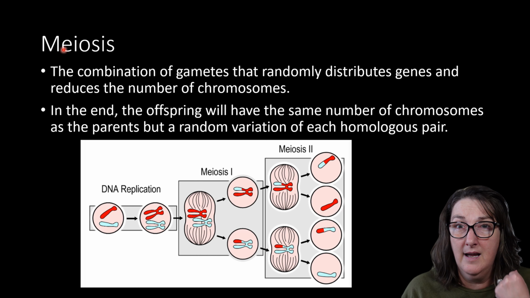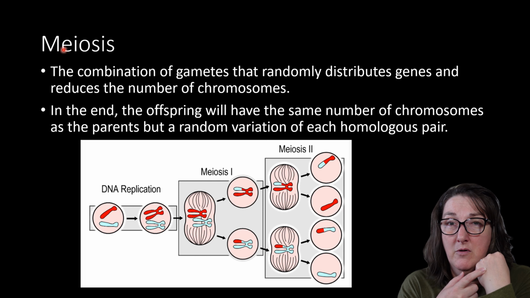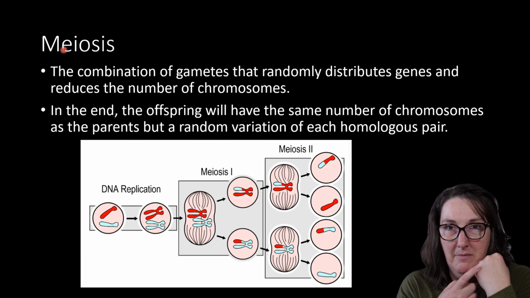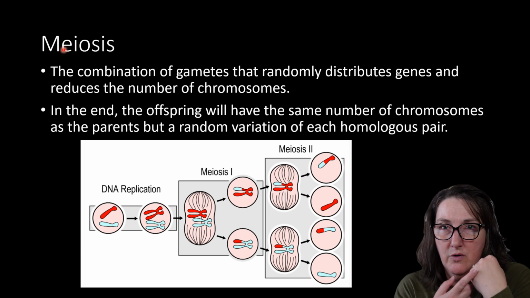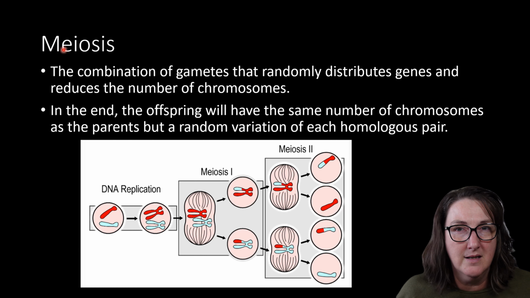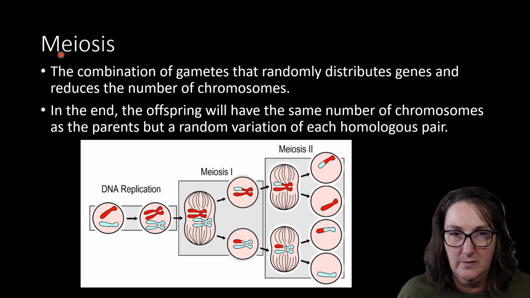So if I cut my hand, I'm going to start to create skin cells to replace it. I'm not creating stomach cells. I'm not creating eye cells. I'm creating more skin cells. I'm not creating anything new. Whereas with meiosis, I'm creating something new. I'm creating something varied. If you remember that, it helps you remember the difference between the two.